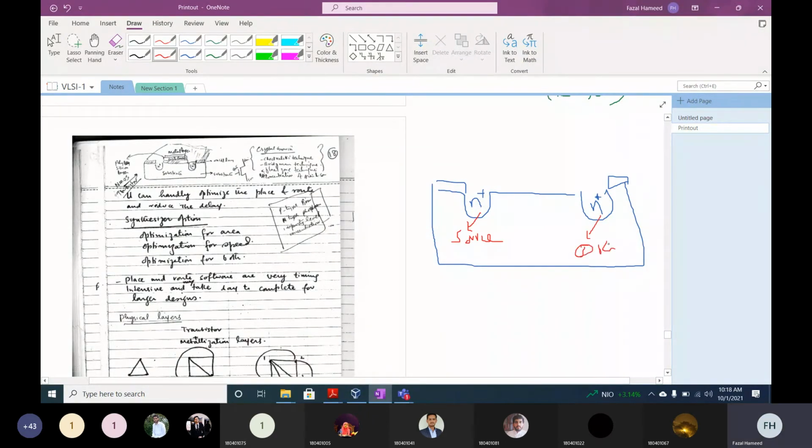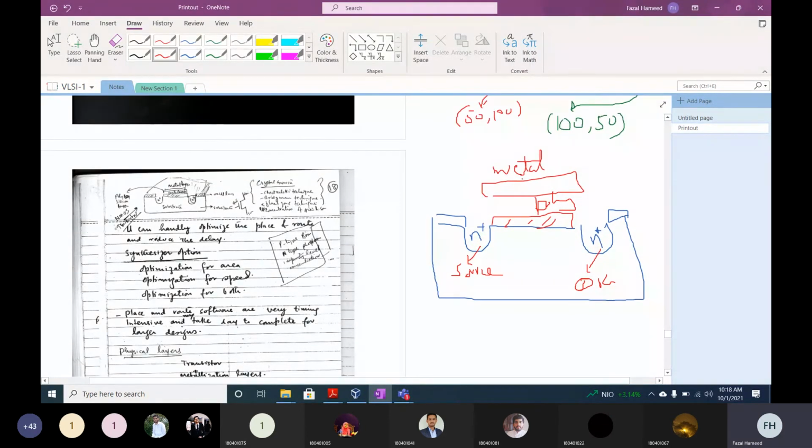On the top of this there is some polysilicon, and on the top of this is a metal layer. This metal layer is connected with your gate terminal. When you apply a voltage, a channel is formed between the source and drain, and then there is a current flow. When you have a logic 0, the channel is gone, and then it becomes an open circuit.